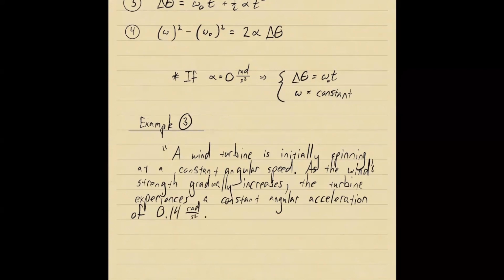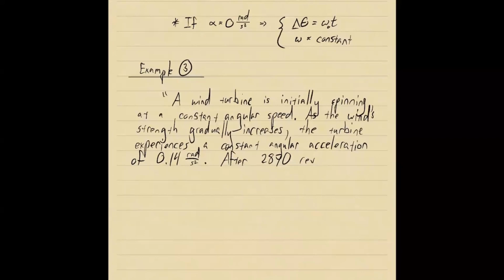So after 2,870 revolutions, its angular speed is 137 radians per second. Right, radians per second, which is actually really fast.